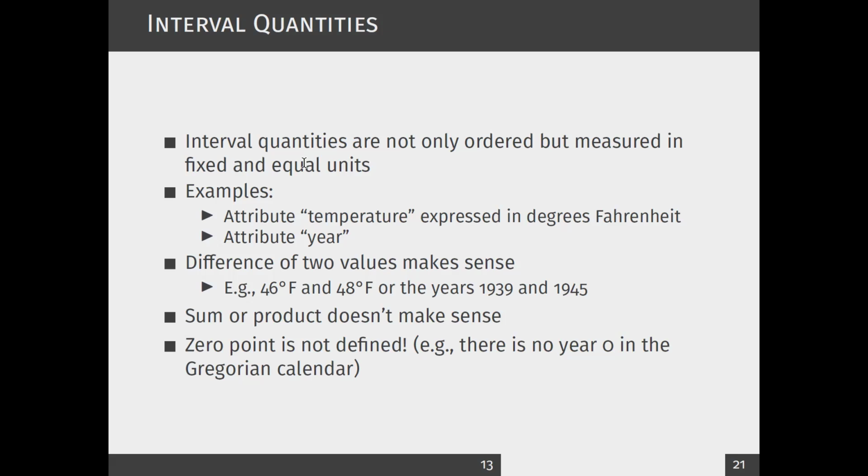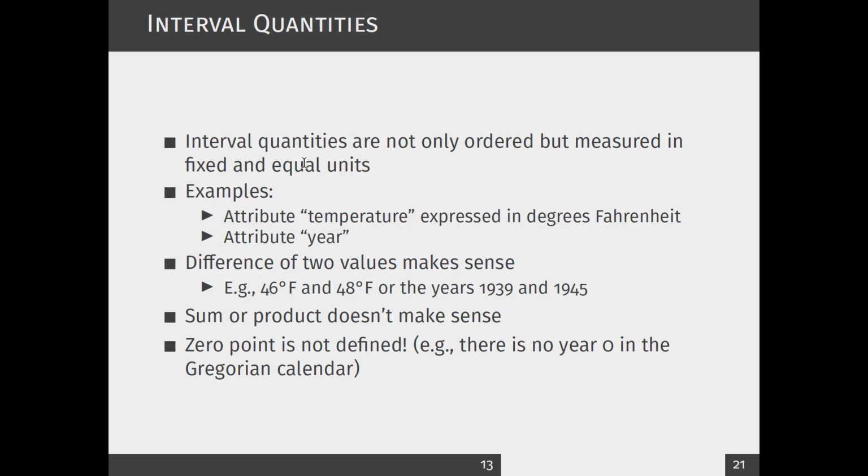For example, the difference might make sense in both cases. 46 degrees Fahrenheit and 48 degrees Fahrenheit, you can talk about the difference. Years 1939 to 45, again, you can think about the difference. But what about the summation?